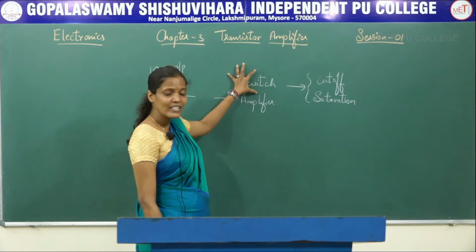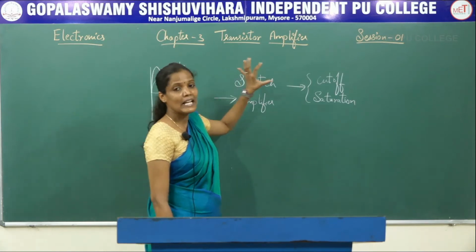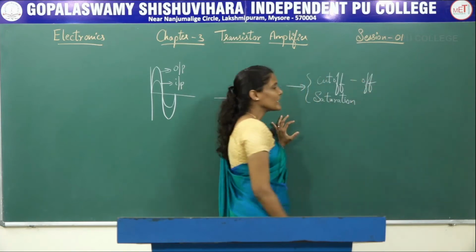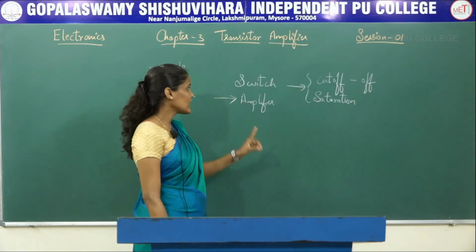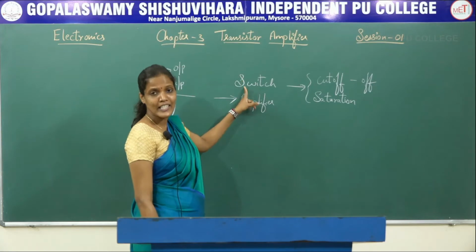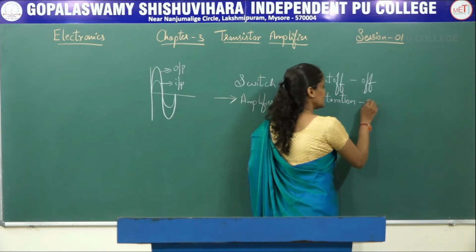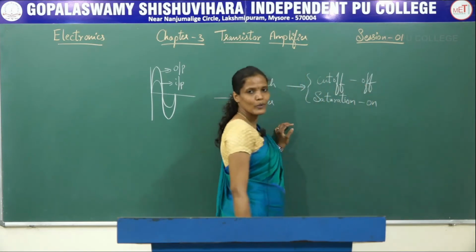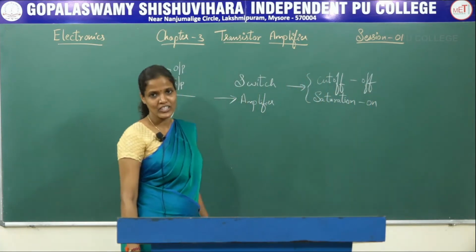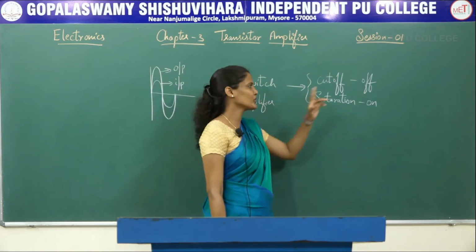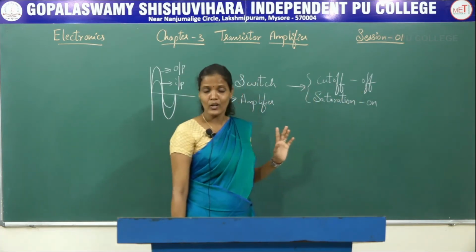If I want the transistor to work as an off switch, then I make sure that the Q point is in the cutoff region. If our transistor is required to operate as a switch in the on condition, then we have to make sure that the Q point is selected near the saturation region, because the switch has only two conditions or two positions. One is the on switch, the other one is the off switch.